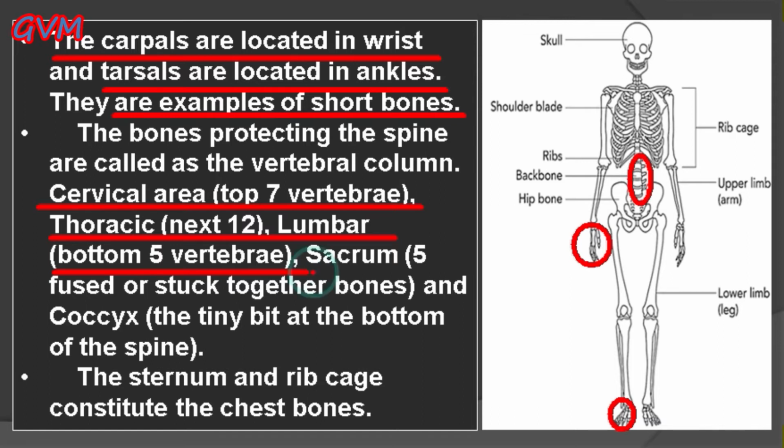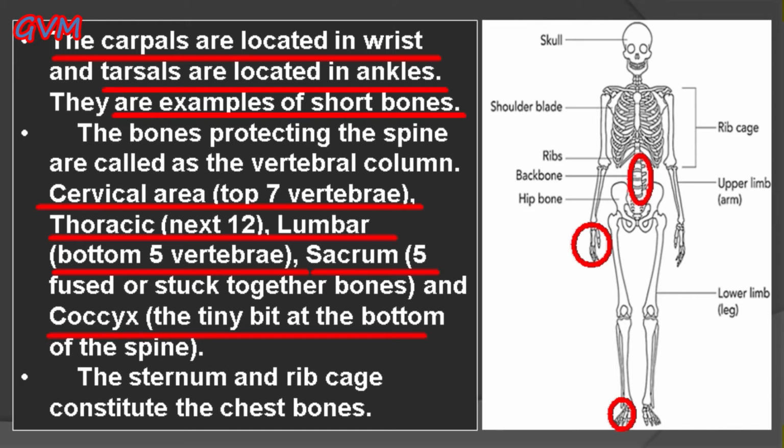Now lastly, at the bottom, there are 5 bones that are fused together to form one bone, and this bone is known as sacrum. Now students, at the end of the vertebral column, there is a tiny bone at the bottom of the spine, and this bone is known as coccyx bone or coccygeal bone.